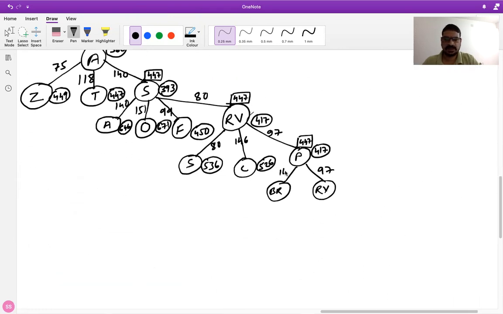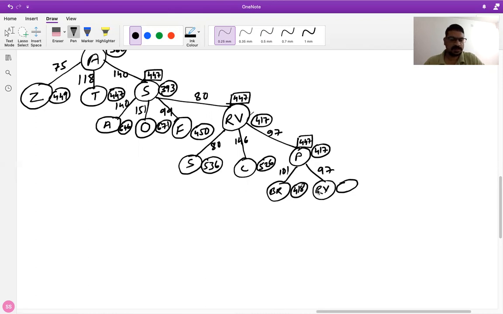Let's calculate the F value here. It is 140 plus 80 plus 97 plus 101, which is 418. 418 is greater than 417. Yes.